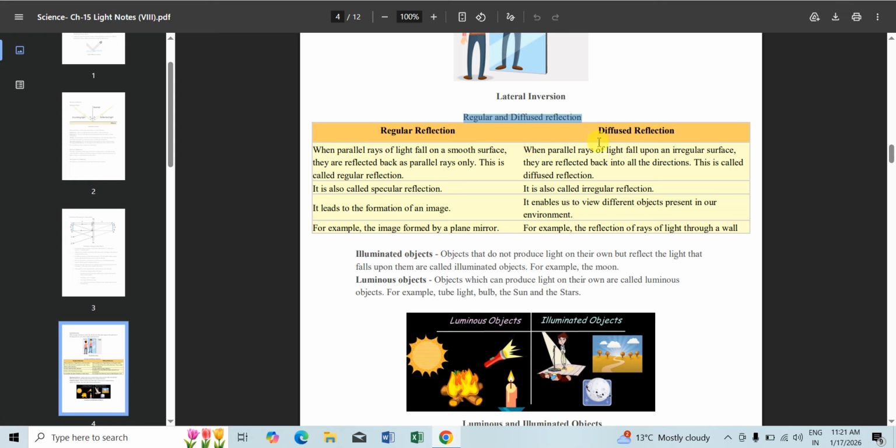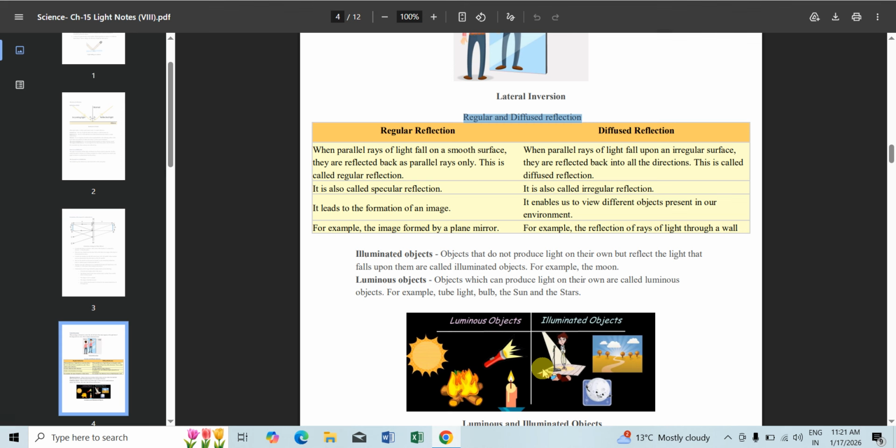And now what is diffuse? Diffuse reflection: when the light falls on a rough surface like this, you would say ubad khabad, so like that. So when the light rays fall on a rough surface, they would get reflected in any direction.